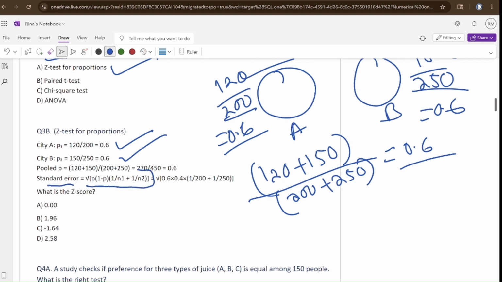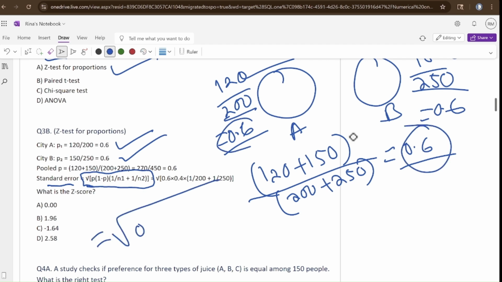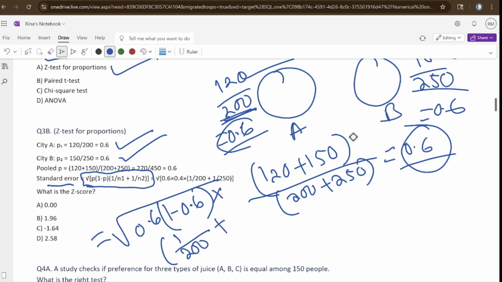The standard error formula is root over P into 1 minus P into 1 by N1 plus 1 by N2. So we write pooled P 0.6, 1 minus 0.6, into 1 divided by N1, which is 200 sample size, plus 1 by N2, which is 250. Now you calculate this, you will get the standard error.